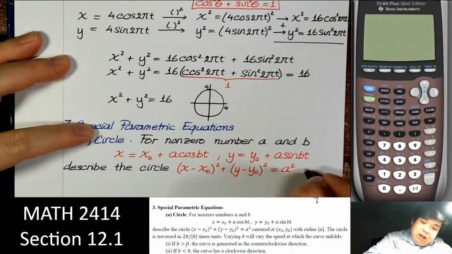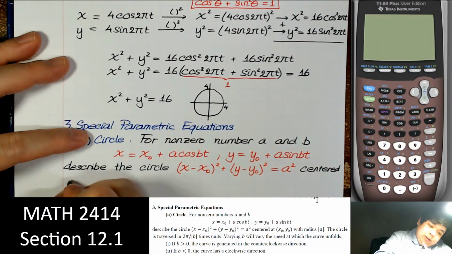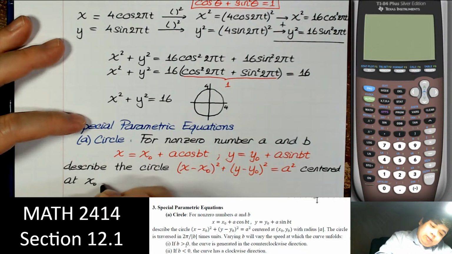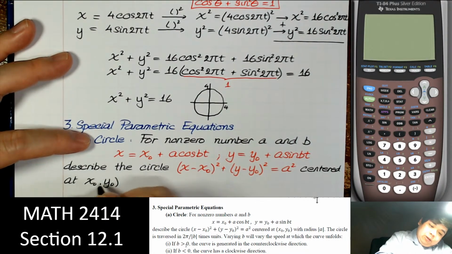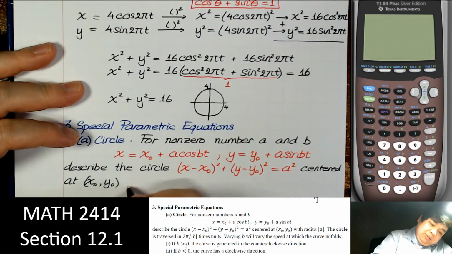And this circle has center at x naught, y naught. The radius is the absolute value of a.